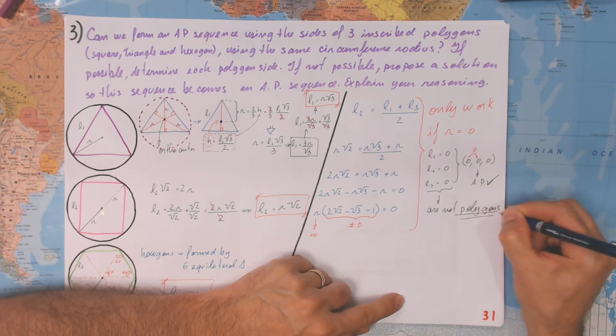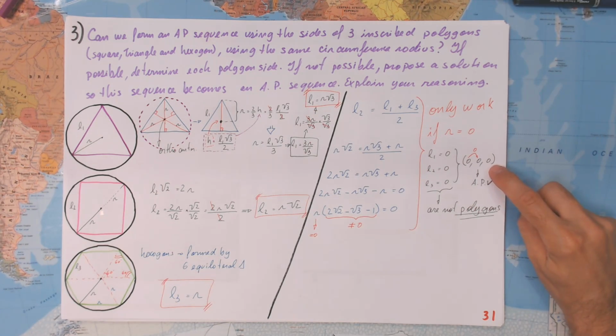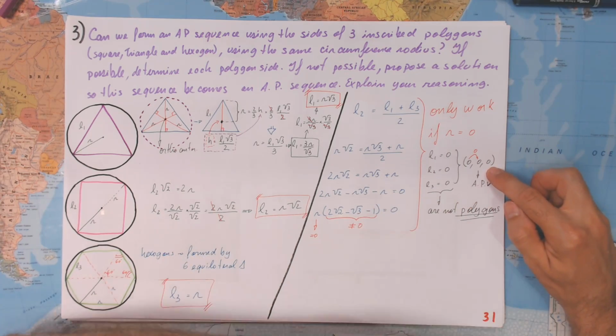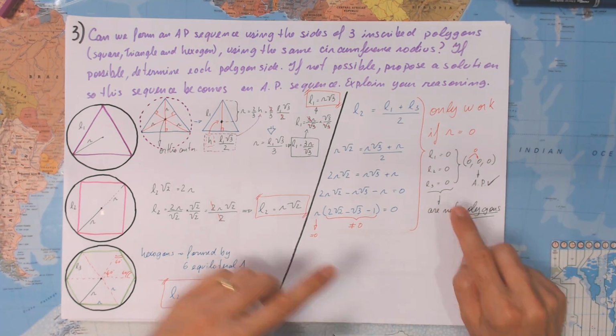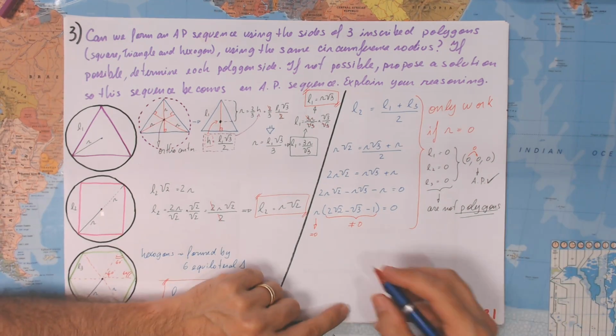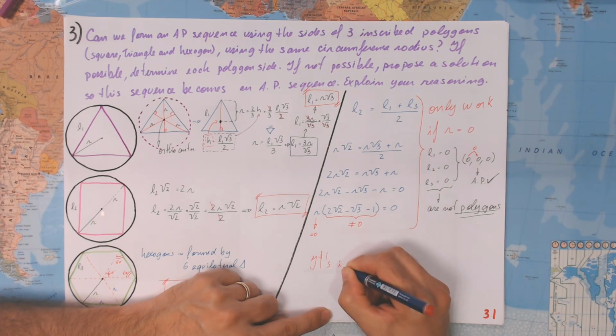So this is the reasoning that I am expecting you to tell me. Okay, from the math perspective alone, this is possible. Just looking at this part, this is a sequence, it is true, but those are not polygons, so it's impossible. Okay, so the answer for this first part is impossible.